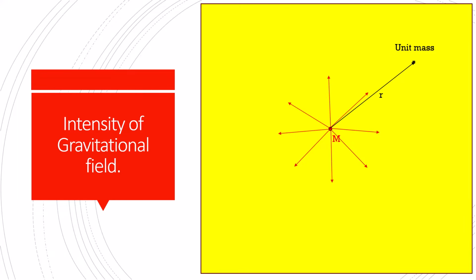Now the unit mass will experience gravitational force small f equals G capital M into 1 by r square. Now this is the field experienced by any mass at any distance, and we write F equals capital G capital M by r square. This is the expression for gravitational field due to mass capital M.